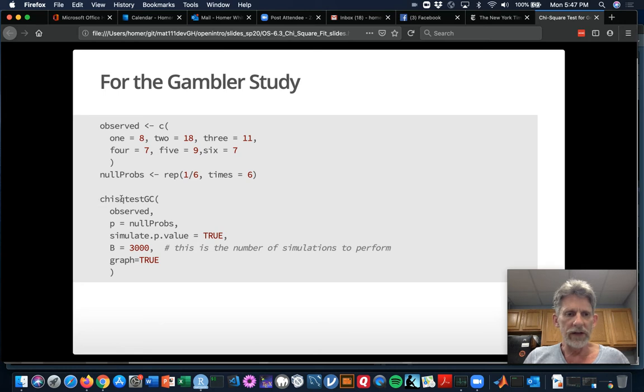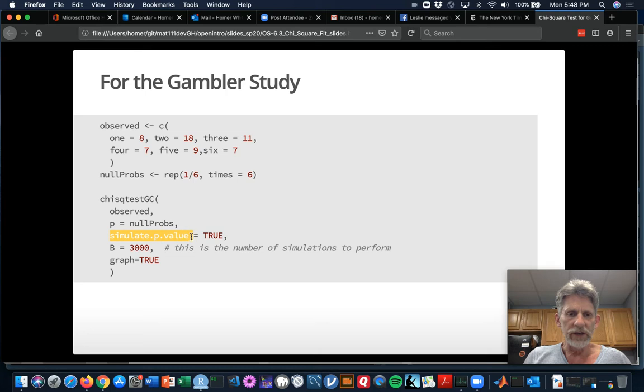And then you'll head to chisqtestGC, where you throw in the table of observed counts. The p you're familiar with from other inferential types of functions. It talks about the null value. The null hypothesis thinks the chance of each side is 1/6 each time.